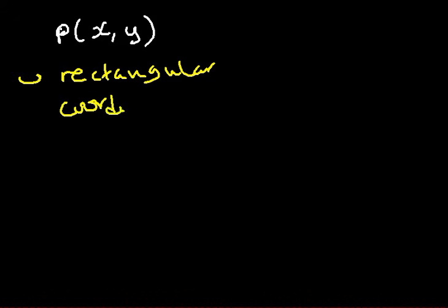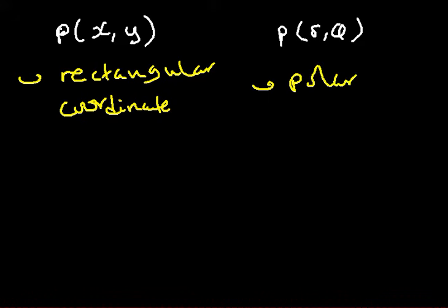This is what we call the rectangular coordinate system. And the same point P can also be presented as a distance r, theta. This is said to be the polar coordinate system.